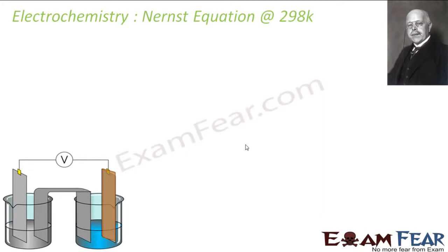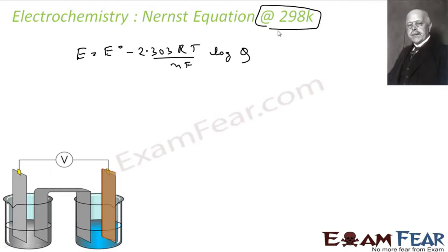So if you see, the Nernst equation which we have found has a lot of variables: E is equal to E naught minus 2.303 RT by nF log Q. Right, this is what we have found. But most of the experiments chemists do, they do at 298 Kelvin. And there are a lot of constants here. R is a constant. If the temperature is assumed to be 298, this becomes constant. And F is constant, and 2.303 is constant.